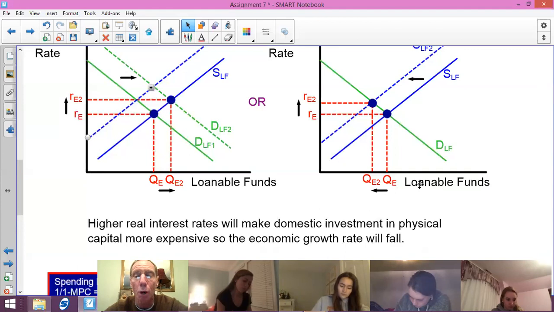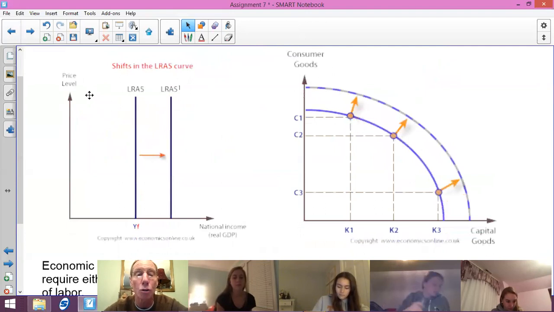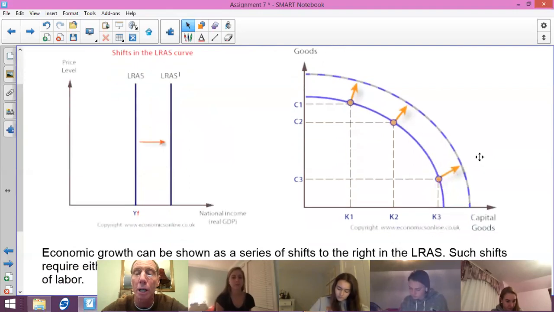Now, I wanted to just pause here and remind each other what economic growth looks like on a graph. You can either show it on this graph right here with the shift of the long run aggregate supply to the right. That's an increase in the rate of economic growth. What we're seeing in the question is a shift to the left. And you can also show it on a production possibilities frontier. The growth is shown by shifting the curve out.